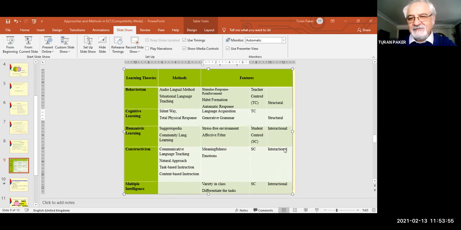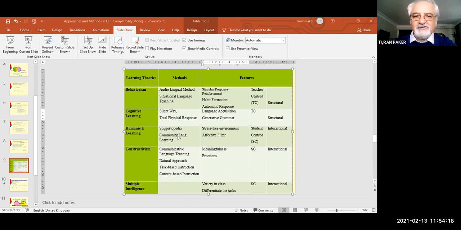So Suggestopedia, community language learning, communicative language teaching, natural approach, task-based instruction, and content-based instruction are all interactional types of methods. That's why we use them, and we try to be eclectic nowadays by using different things.